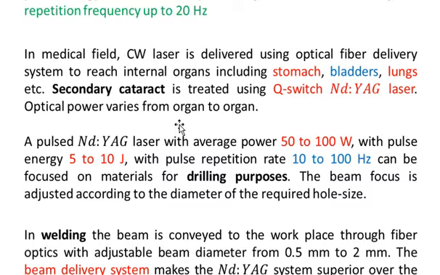Optical power varies from organ to organ. A pulsed Nd-YAG laser with average power from 50 to 100 watt, with pulse energy from 5 to 10 joule, with pulse repetition from 10 to 100 hertz, can be focused on materials for drilling purposes.